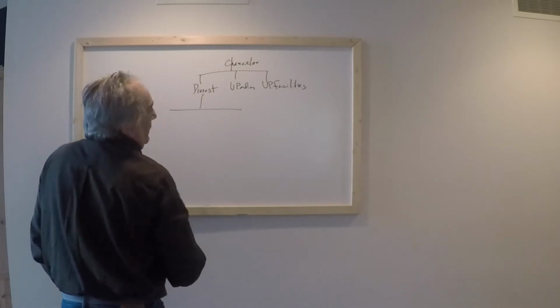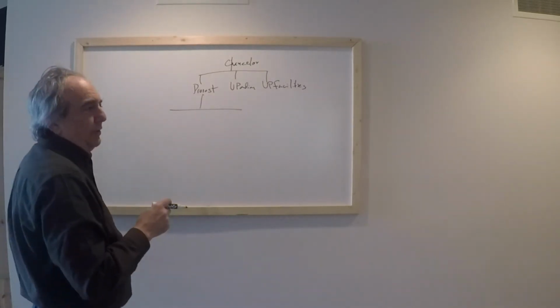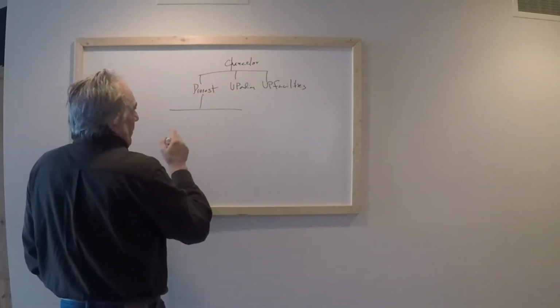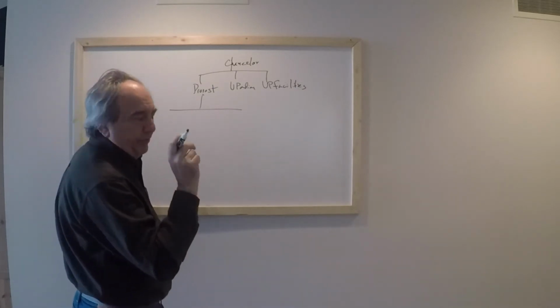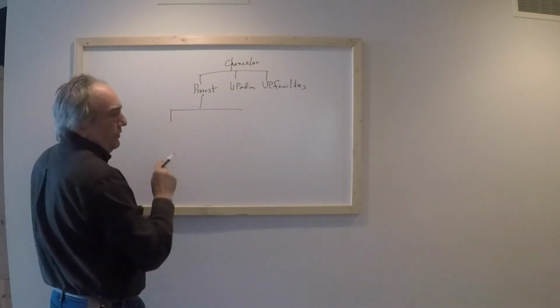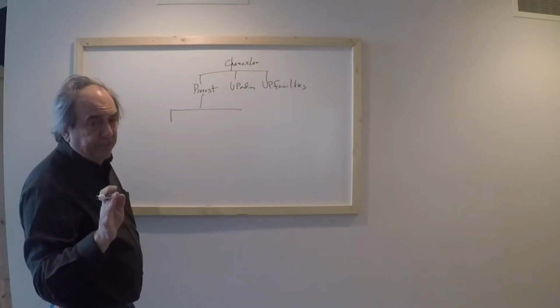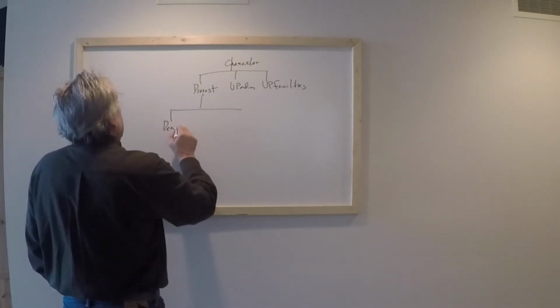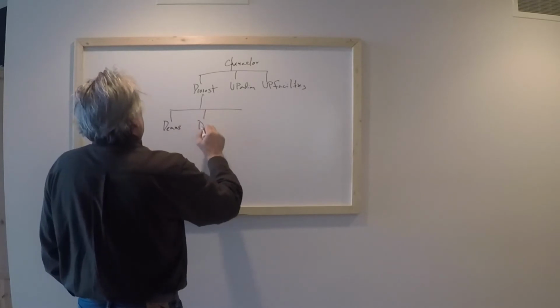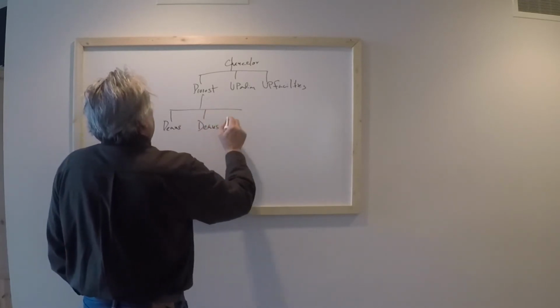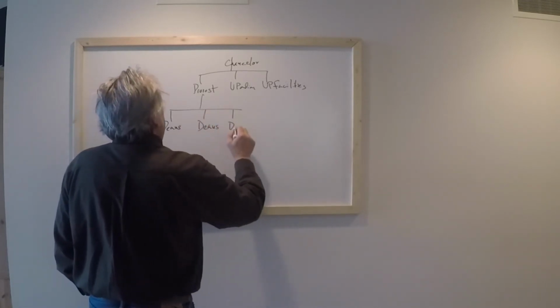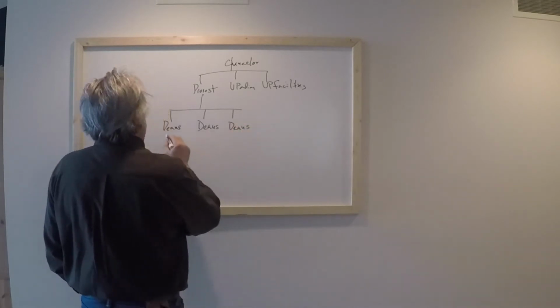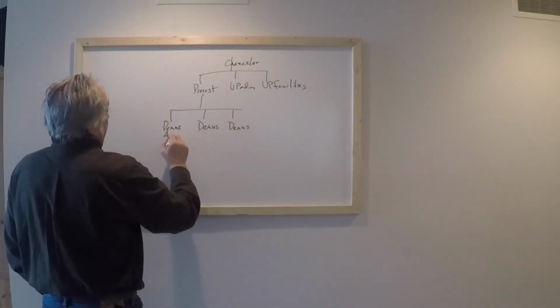Provost, again, I'm more confident of this at a different university, but all universities have an organization something like this. Provost has a bunch of deans that report to that person. So this is the Dean of Arts and Sciences.